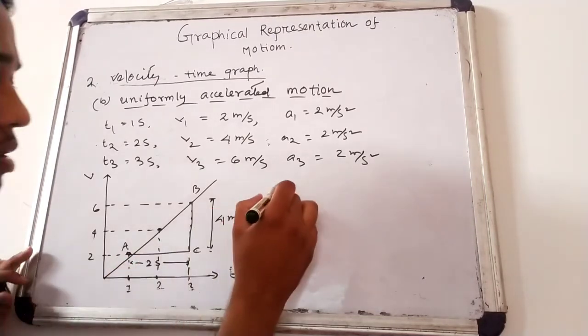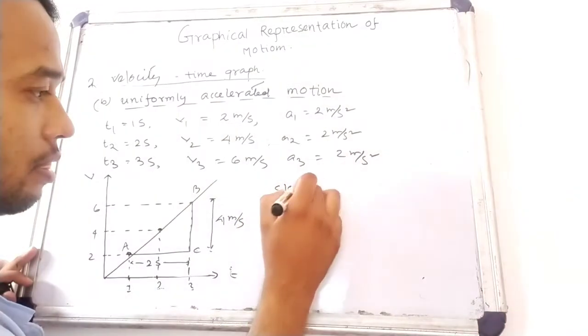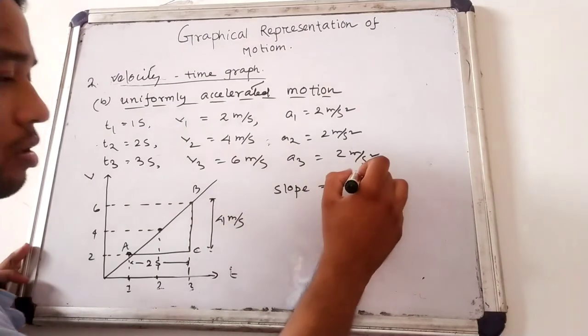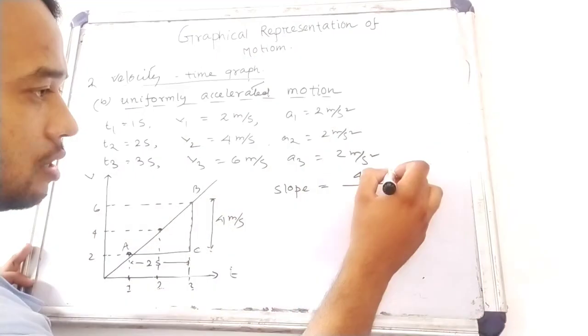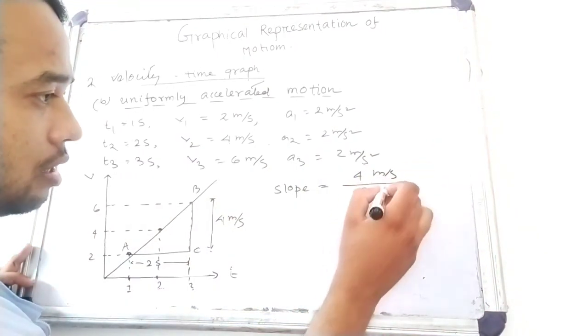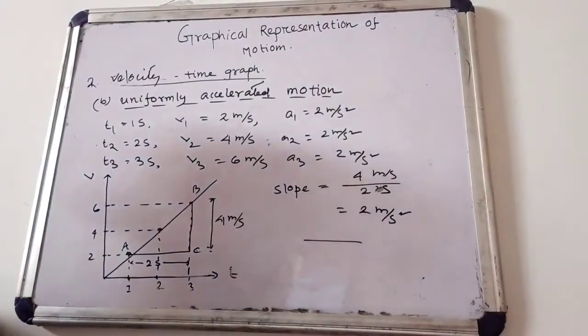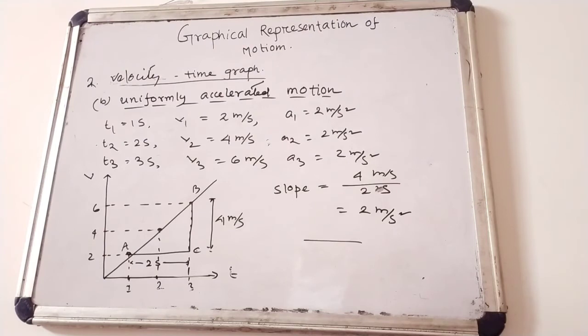So slope will be perpendicular by base, so 4 meter per second by 2 second, so that is 2 meter per second square. So in this way, from a velocity time graph we can calculate acceleration.